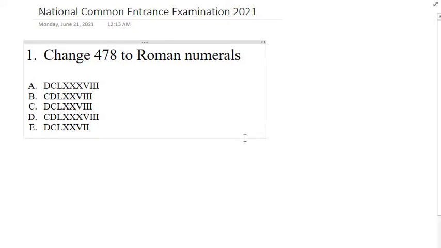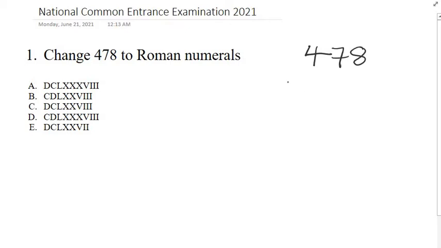So we have 478, right? So we are going to expand it. If you expand it, you are going to have 400 plus 70 plus 8.